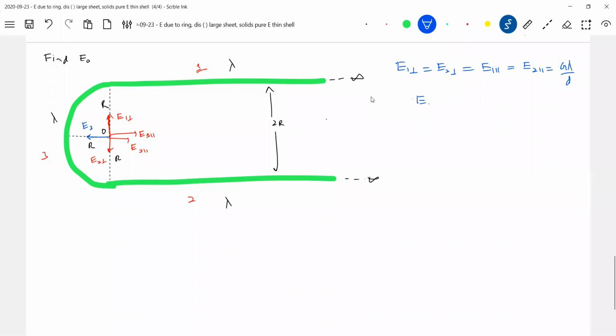On the other side we have E3. What is E3? Just now we discussed 2G lambda. What is the angle subtended? Pi, no? Now I think you have everything in front of you. E1 parallel plus E2 parallel, the sum of that should be equal to E3. So the net field at point O will be 0.